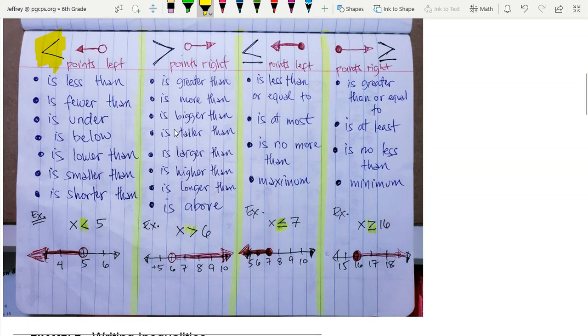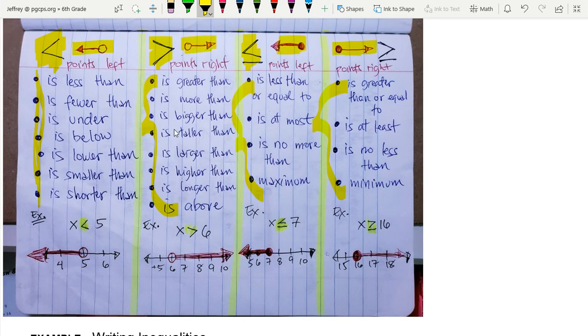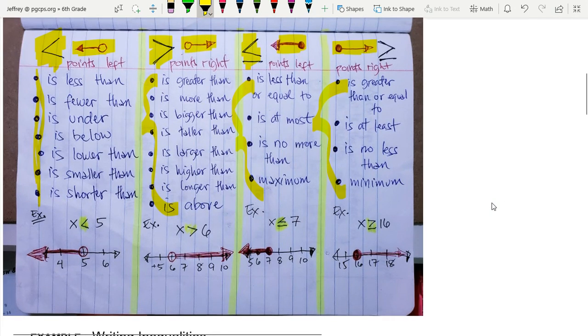This is the less than sign, and these are the words that pertain to the symbol. Now, this is the greater than sign, and these are the words that pertain to the symbol, and so forth. So please review this, and these are how we graph the inequalities, and I'm going to go over that later on. So let's do our first example, okay?